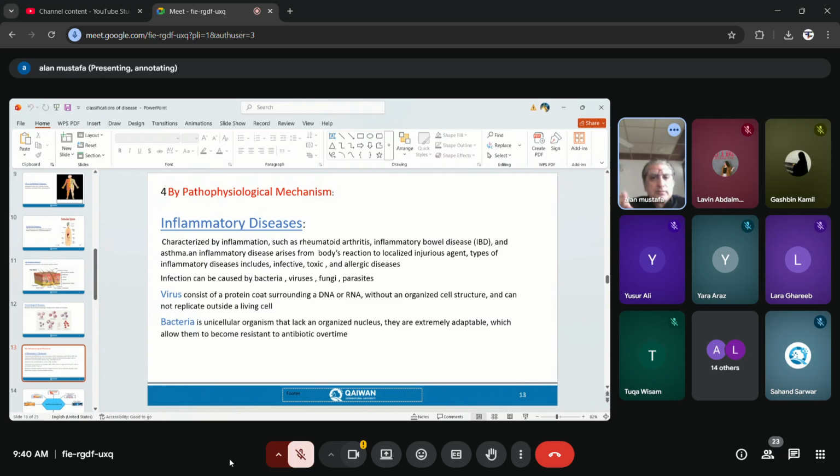These viruses have a very short window of time to survive outside the living cell. They die. But some bacteria can live outside the body of a human being or another organism for so many years. But viruses cannot.